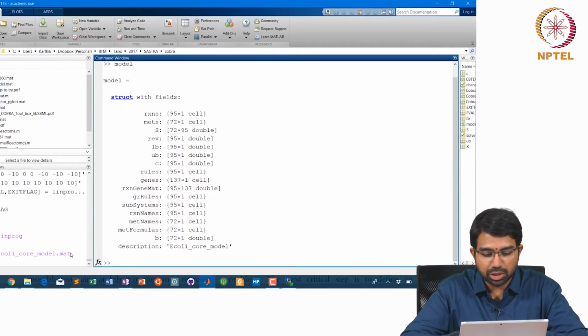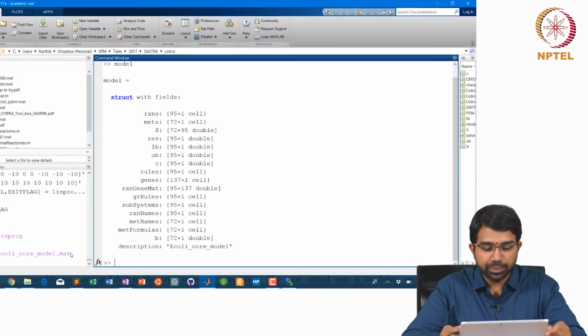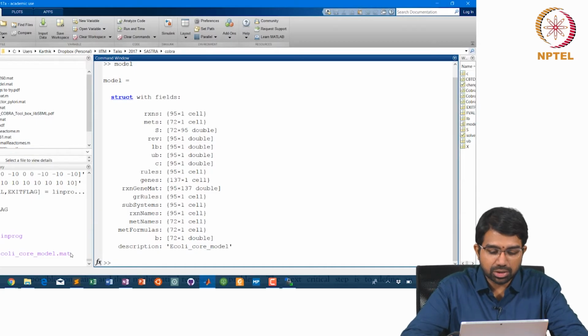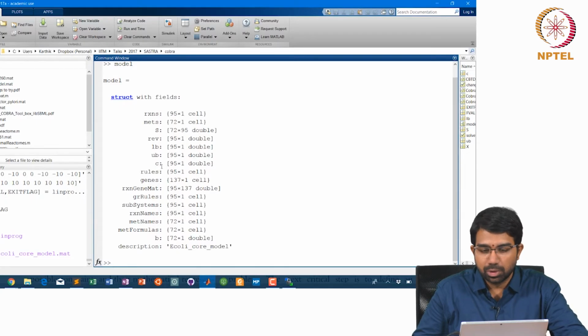S is your stoichiometric matrix, so obviously that's going to be M cross R, so it's 72 cross 95. rev, as you might guess, is a Boolean vector that tells you whether a reaction is reversible or not. lb and ub are lower and upper bounds. c is your objective function. rules tells you something about what genes are involved with what reactions and so on.